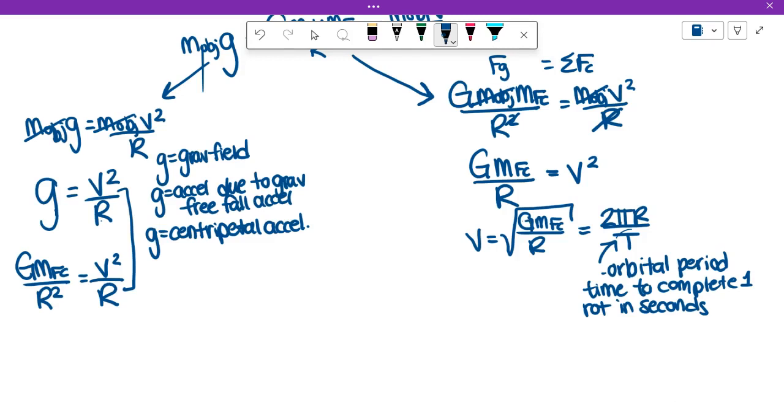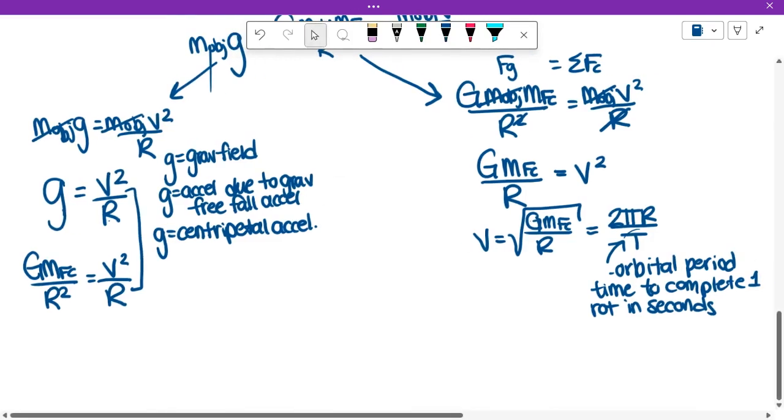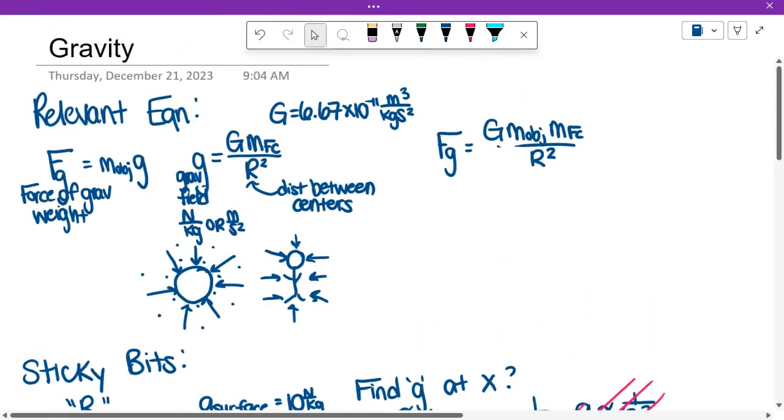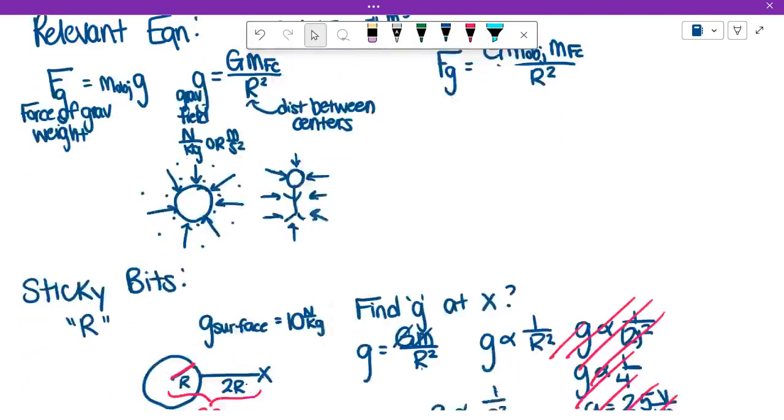All right. So that is just about the end of our video. So to recap, we got our relevant equations. We got our two force of gravity equations, right? Our FG is mg, which is great if we know the gravitational field, and then our force of gravity equation that has substituted in for the gravitational field. Okay?